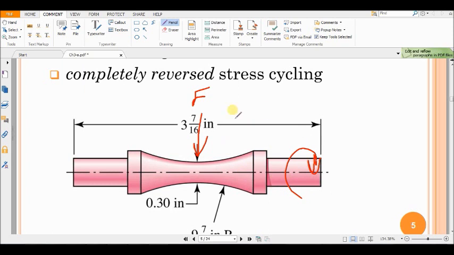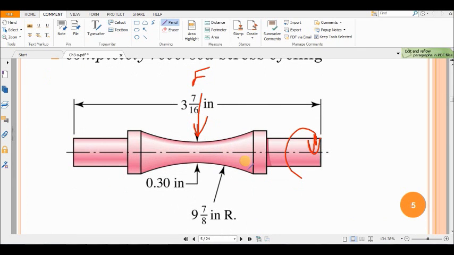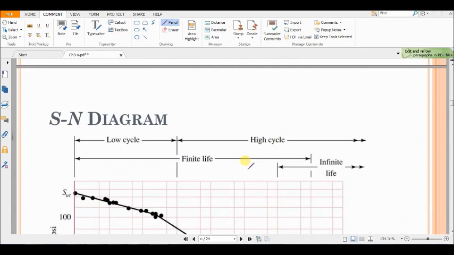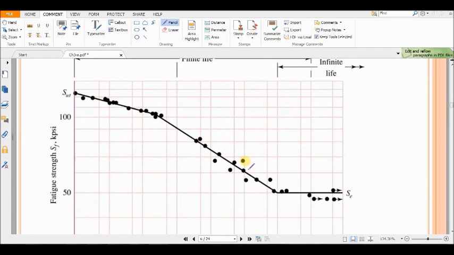The number of rotations before this part fails will be considered as the life of this specific material, or we call it the fatigue life of this material.